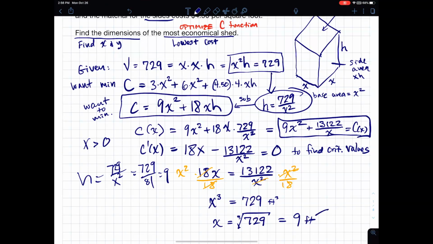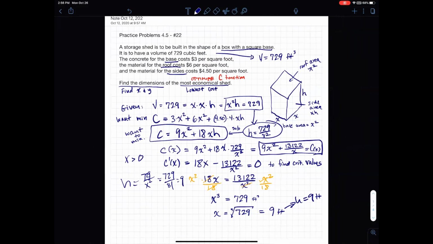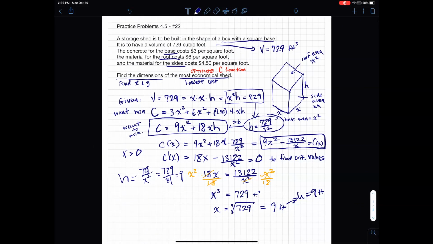This led us to the fact that h is also equal to 9 feet because they did want the dimensions in the end. And so this is my write-up for this problem. So hopefully that's helpful. It does take a while to do a good job or write thoroughly on a word problem. That's the nature, and this is a good example.